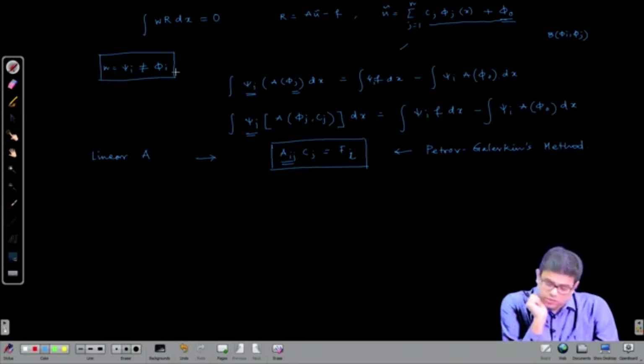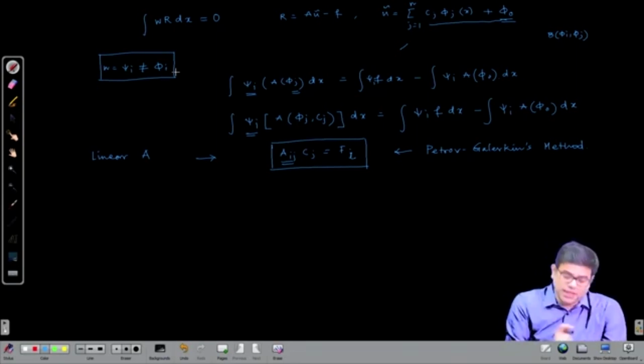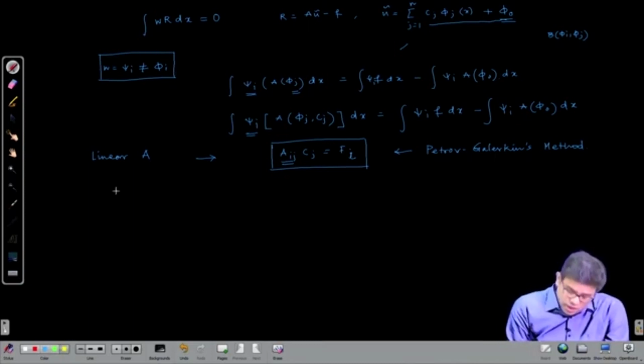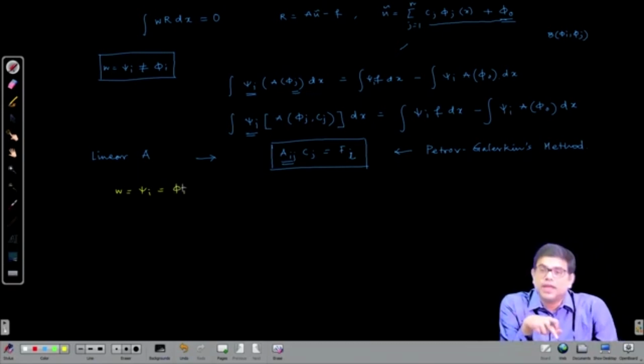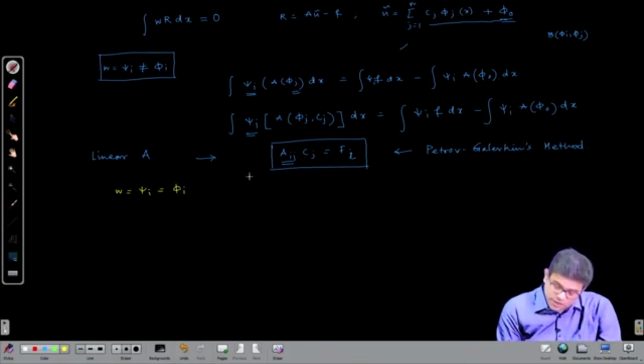Now if I take W, or this W as psi I equals phi I, that is what we have taken from the Rayleigh-Ritz method. So the same thing, instead of psi I we will have phi I here.